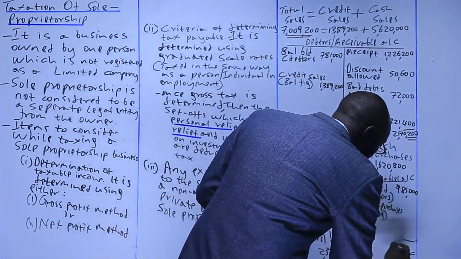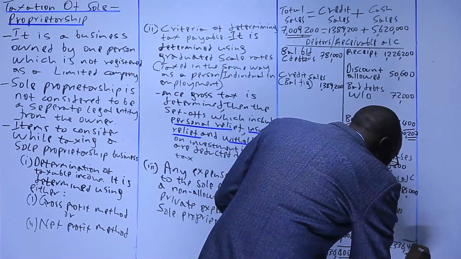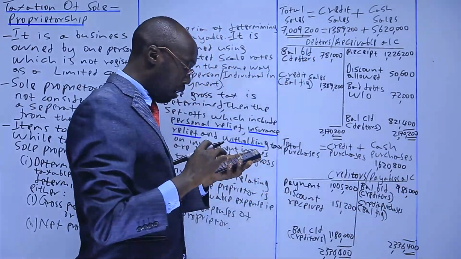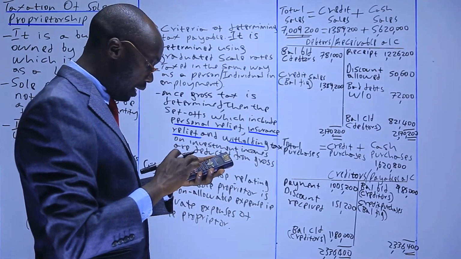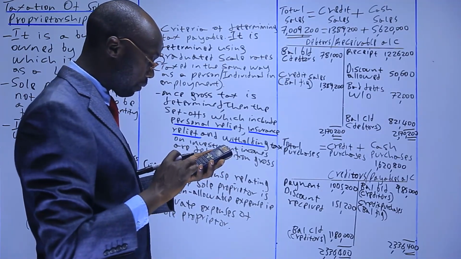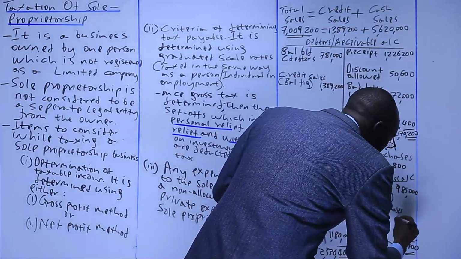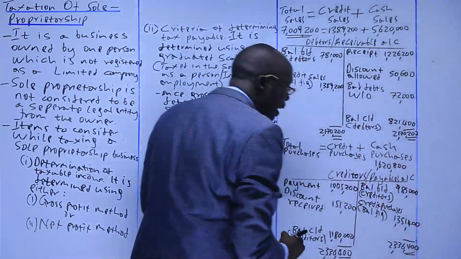Then we'll have the same here, 2,336,400. Then we minus the totals on this side. On this, we only have one for now. If we had two figures, or three, we could have minused them. So 985,000, which gives us 1,351,400. There. We have the credit purchase.